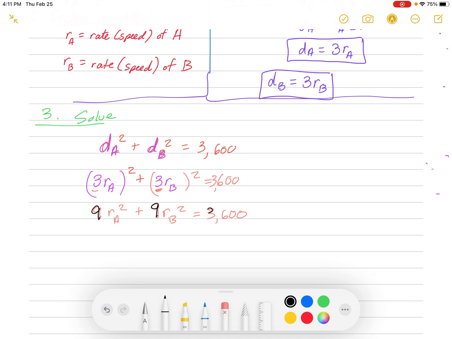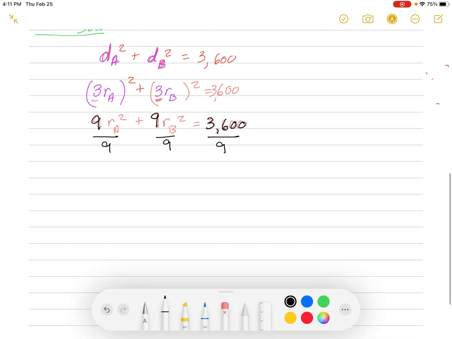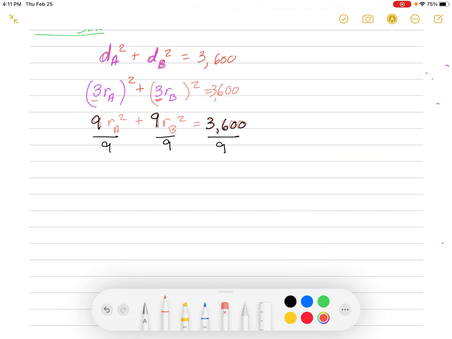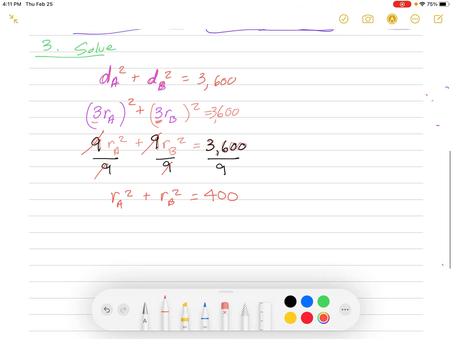I'm noticing that I have a 9 and a 3,600. These numbers all have something in common, 9, so we can divide both sides by 9 to make everything more manageable, less ugly. So the 9s will cancel, and we get RA squared plus RB squared equals, 3,600 divided by 9, 400. That's just making things more manageable.